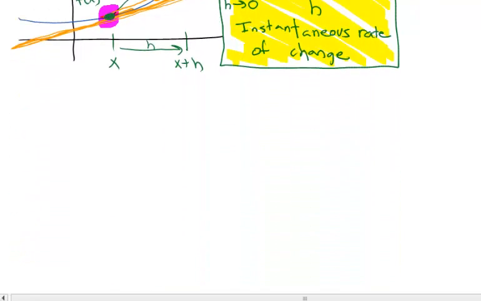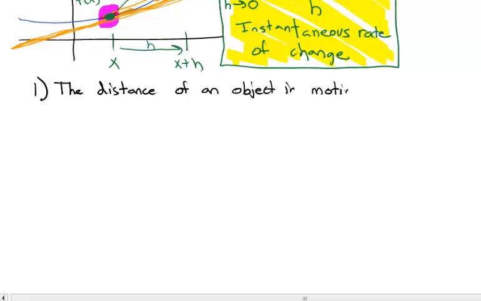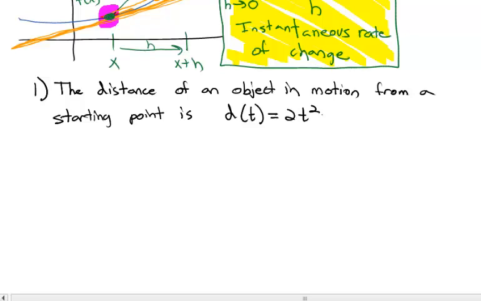So for example, let's say the distance of an object in motion from a starting point is d of t, the distance related to t, equals 2t squared minus 8t plus 7.